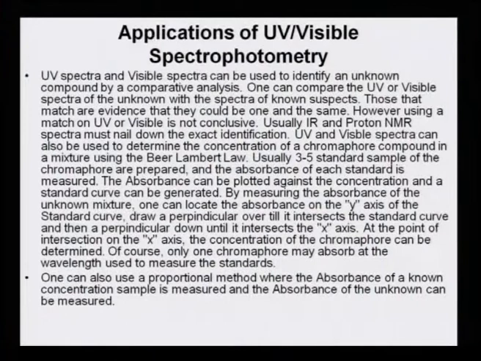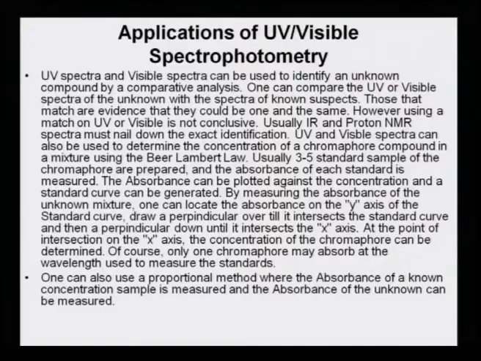One can also use a proportional method where the absorbance of the known concentration sample is measured and the absorbance of the unknown is measured. So, if there is only one type of compound, even the absorbance method can be used, and therefore, it is important to understand that for both quantitative as well as qualitative analysis, UV visible spectroscopy can give a lot of information, although not conclusive and full information.